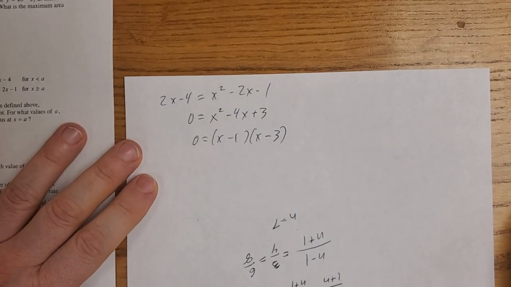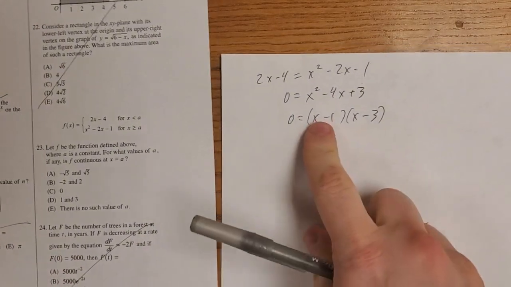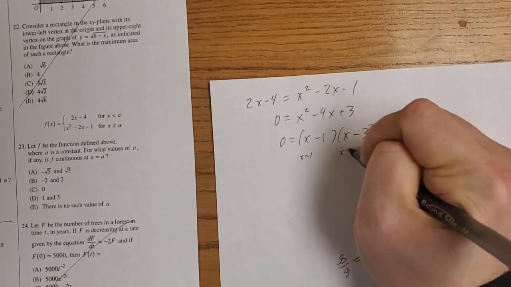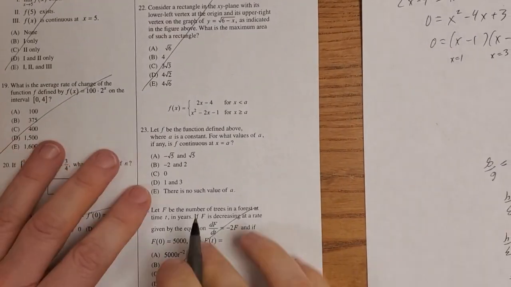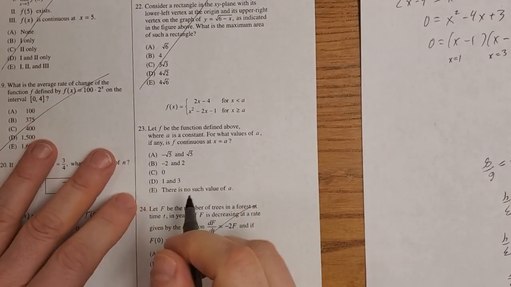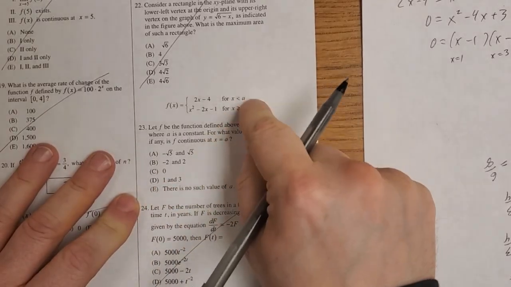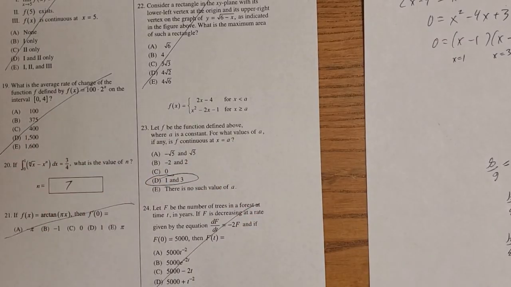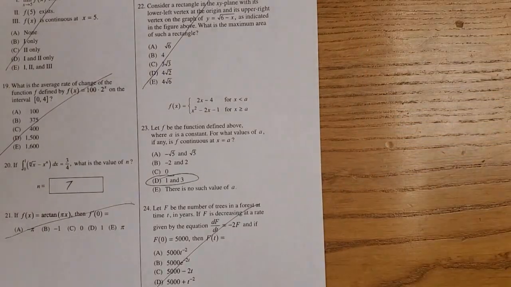So our options for the value of a are going to be x equals 1 or x equals 3. And that is option D. Those are the two options. Either one of those filled in for a will make that continuous, where you can switch evenly from one function to another.